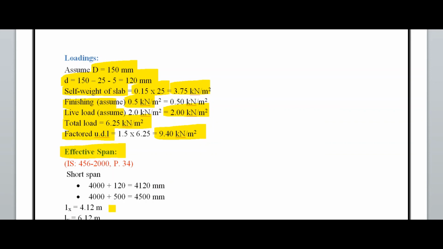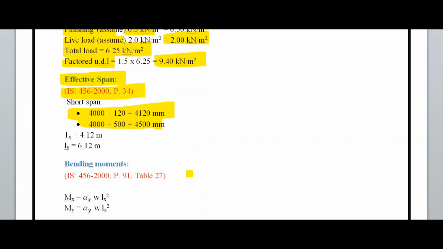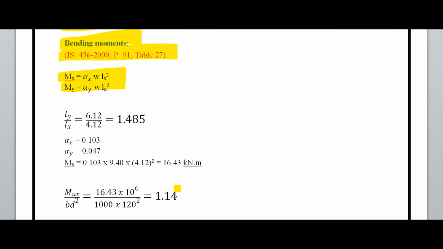Now we have to calculate effective span. Same conditions which are used for the slab here. You can check these video lectures where we explain how to design a two-way slab. So Lx, Ly, bending moment calculation for the two-way slab: alpha x WLX square, alpha y WLY square, Ly by Lx is 1.42, alpha x, alpha y, Mx value.